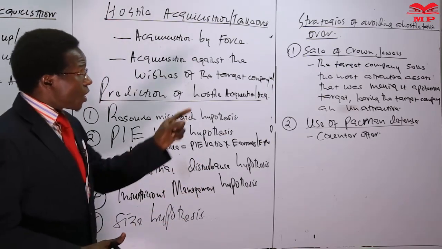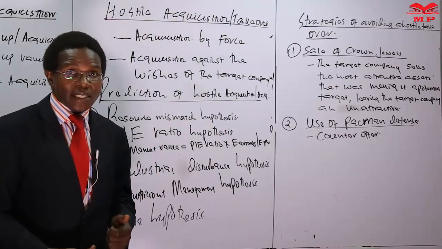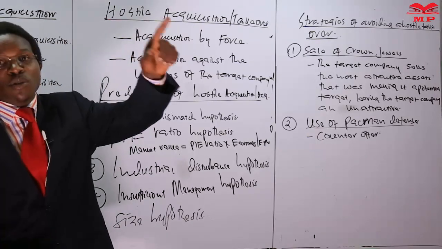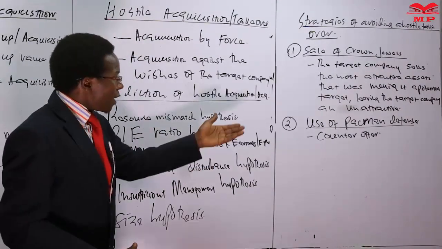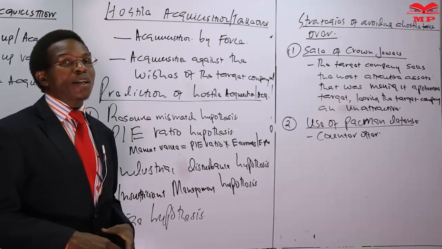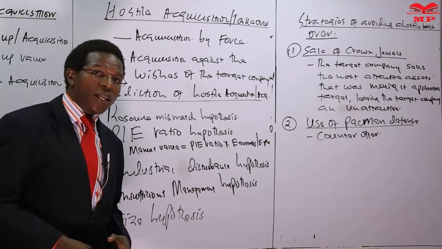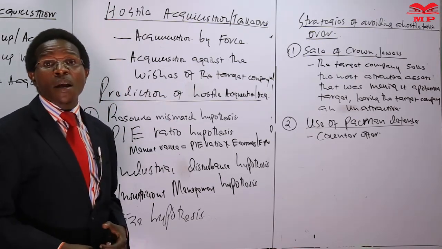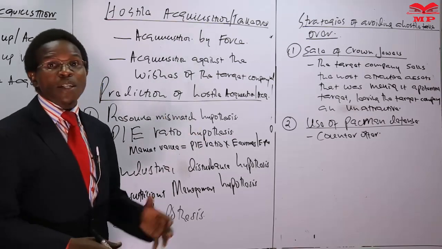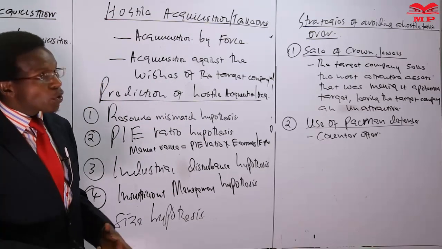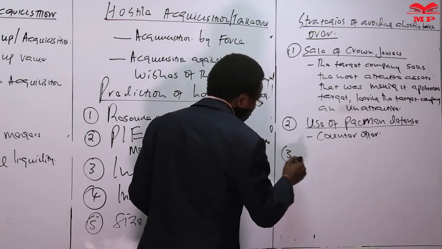If the predator gives an offer of acquiring the target, the target will also give a counter offer and say, no, we also want to acquire you at this price. The predator may say that we want to acquire you at $200 million. The target will now say we want to acquire you at $300 million. So at that point, with a counter offer, the predator will definitely be scared and will not be ready for the offers.